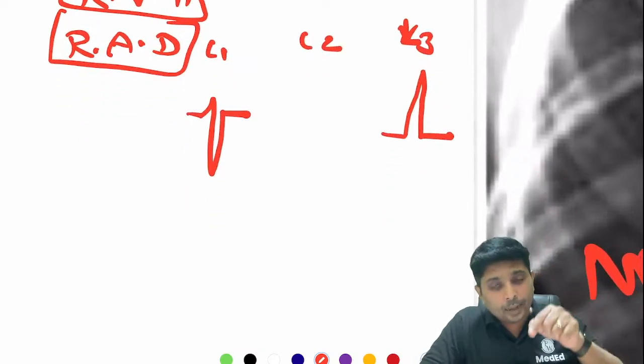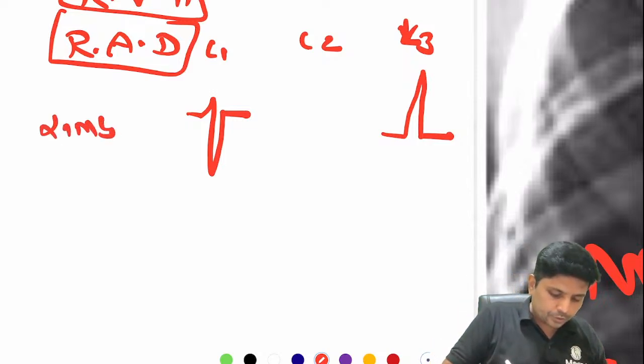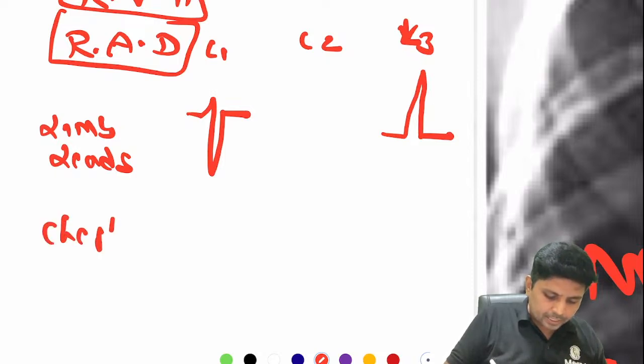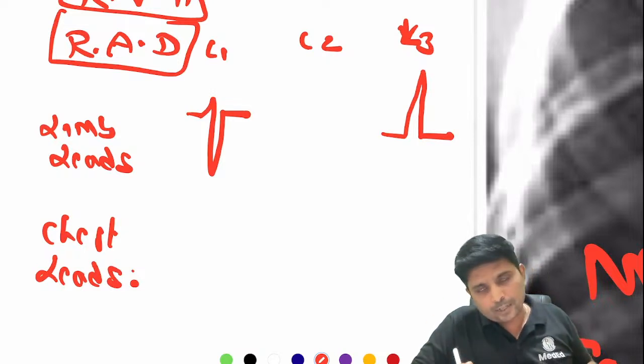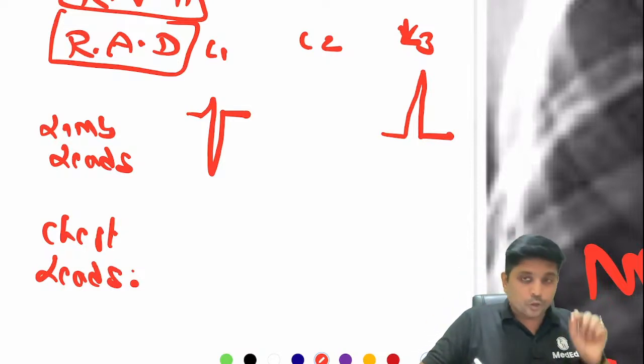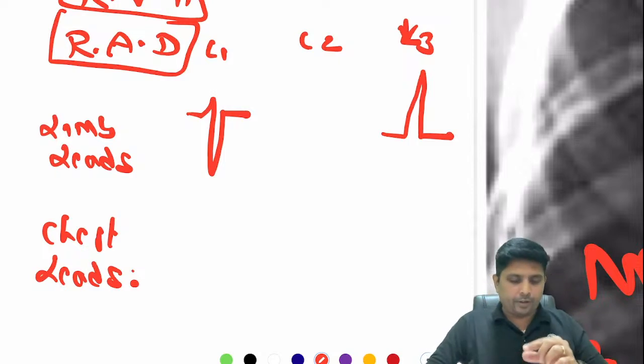Okay, what will happen in case of this disease with respect to limb leads? What will happen in chest leads? V1 to V3. V1 and V2 are over the right ventricle. So normally you will have a small R wave in V1 and V2.